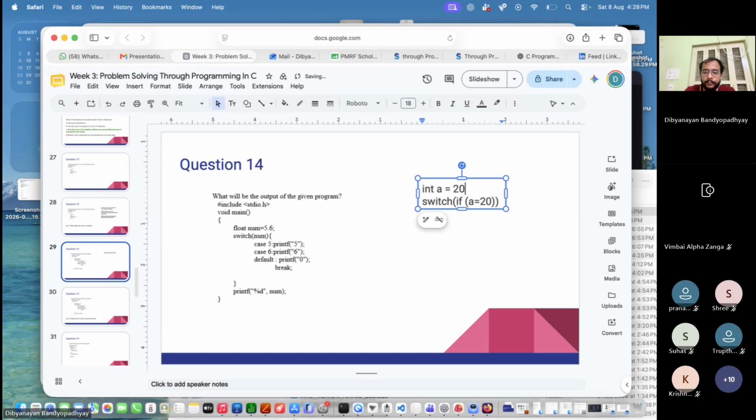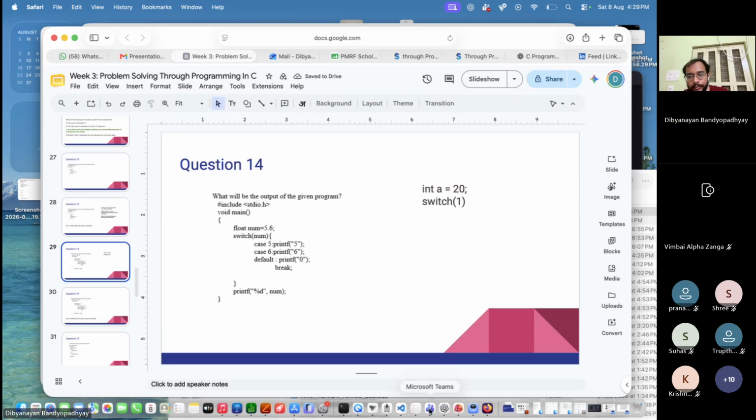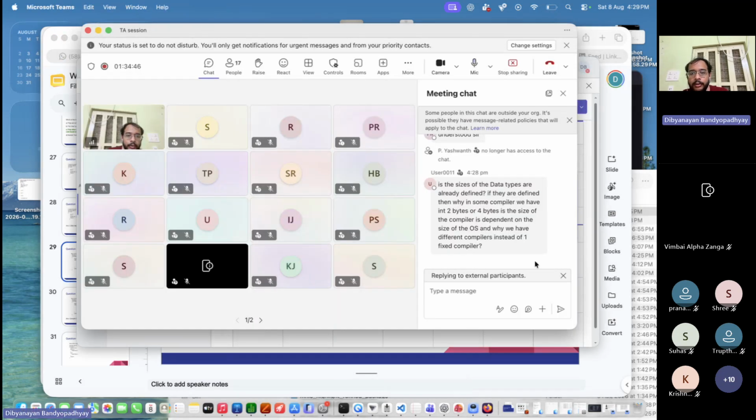And this is what you are evaluating. What will be the statement evaluating to here? This is his question. So my hunch is that a equal to 20 means, not true, the assignment value itself, so it is 20. 20 means non-zero value. So if true, the whole thing will also evaluate to true, means 1. So it will be switch 1. So this is my guess. What do you think?